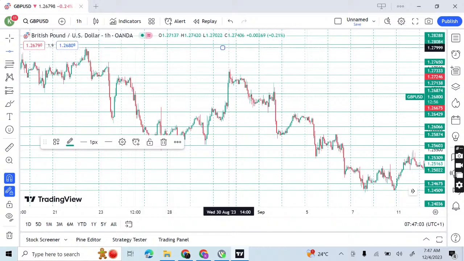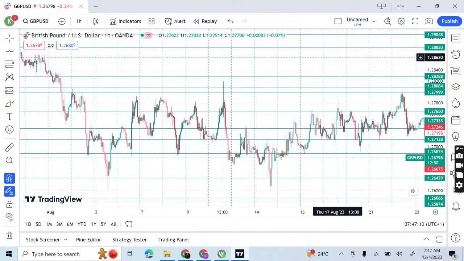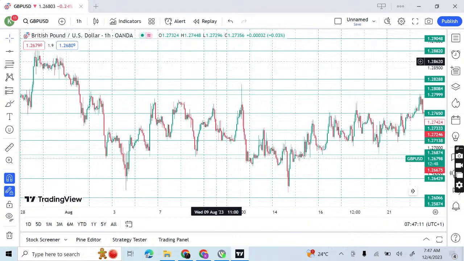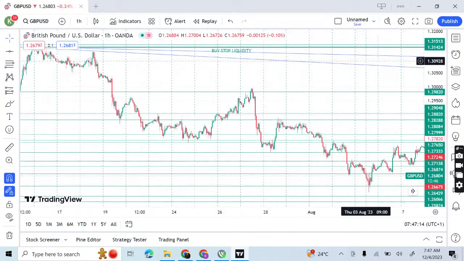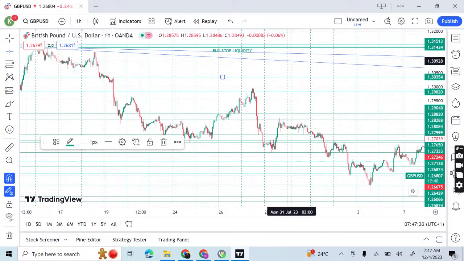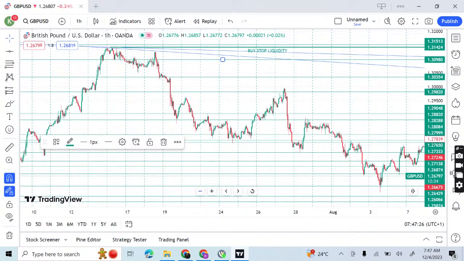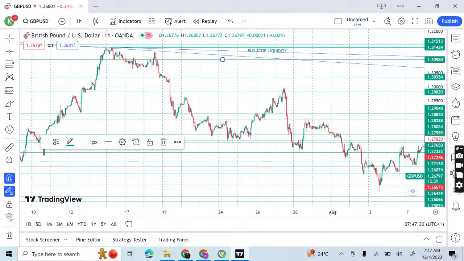Looks like we have something here. And then we have this before the buy stop liquidity. So this will be all that we will be taking on price action.